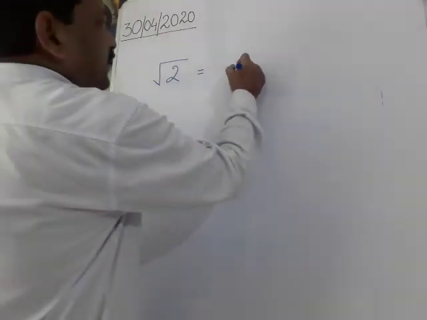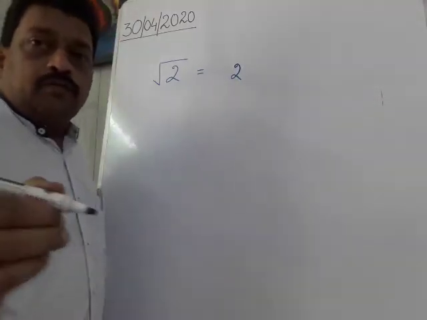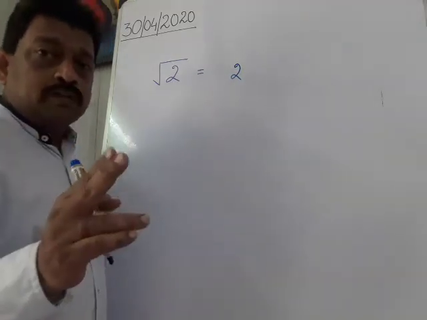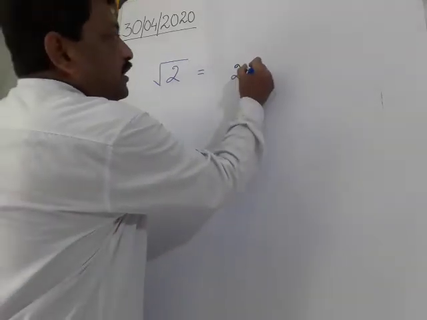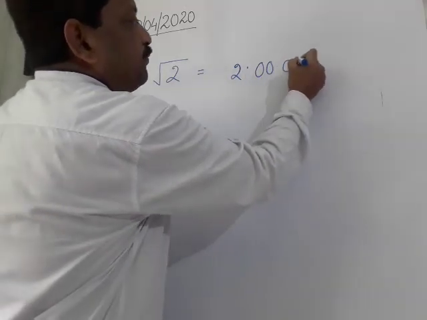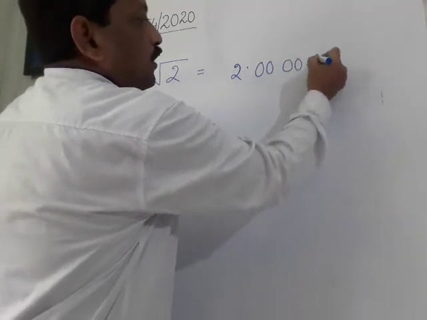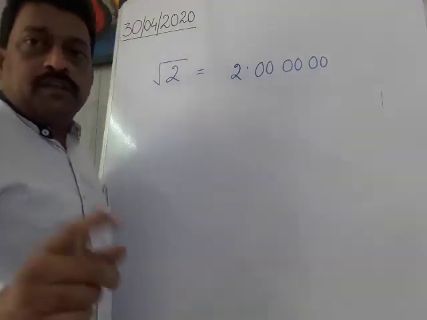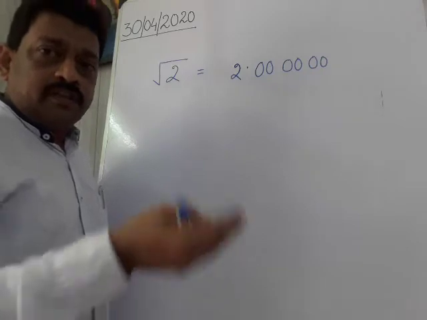First of all, write 2, and since I have to find the answer correctly up to 2 decimal places, then put a decimal here and 3 groups containing 2 zeros each, because I have to find the answer first up to 3 decimal places, then round it off.